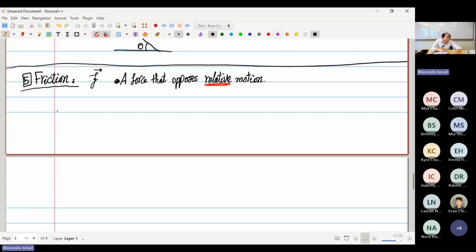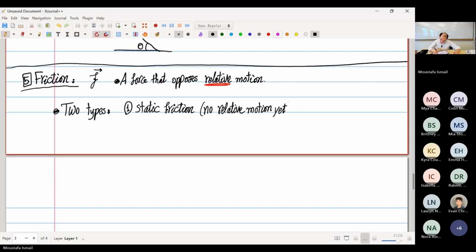We have two types of friction. Static friction. From its name, this is the friction when there is no relative motion yet. Things are at rest with respect to one another. It's denoted by a subscript S for static. And the second type is kinetic friction, and there is relative motion.